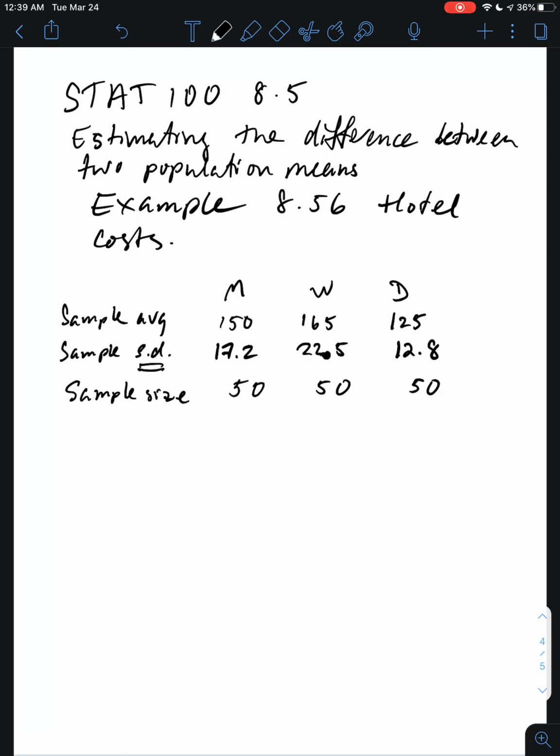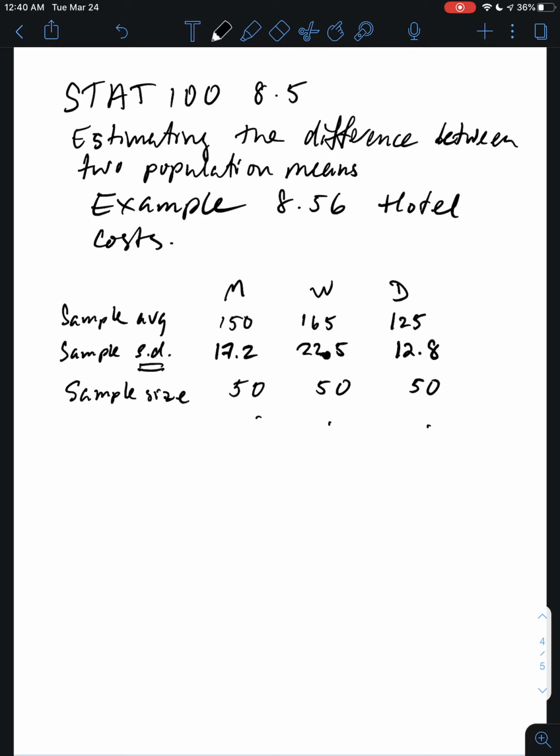One other interesting thing to note about this is that there are three hotel chains, and the ideas of this chapter are about comparing two things. So we cannot compare all three at once using the ideas of section 8.5. We have to compare them in pairs. So we're just going to compare Marriott versus Westin, and then we're going to compare Westin versus DoubleTree.